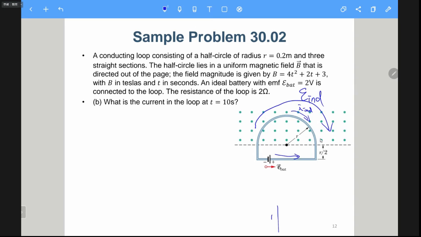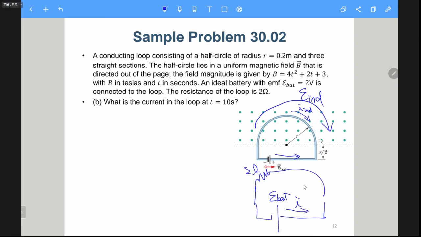Because if you have this E battery and then this loop, we have a resistance there. This is 2 ohm. So this current should be pointed in that direction, and these two should cancel part of each other.